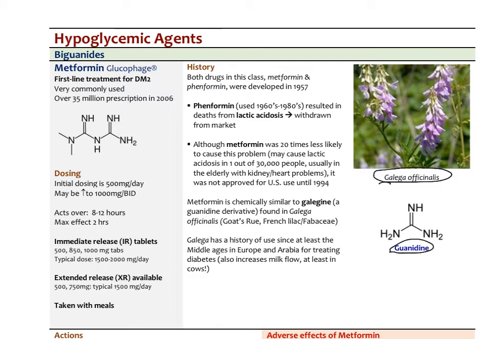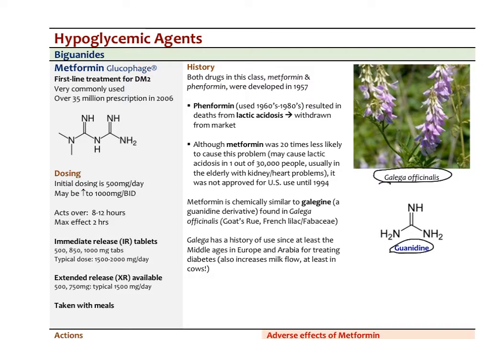This also goes by the name of French lilac. It's used in traditional European French herbal medicine as a diabetic remedy. And we actually have it, for example, in the UNM clinic as a tincture, so I often add it to my formulations. But the guanidine was taken and developed into metformin and phenformin.